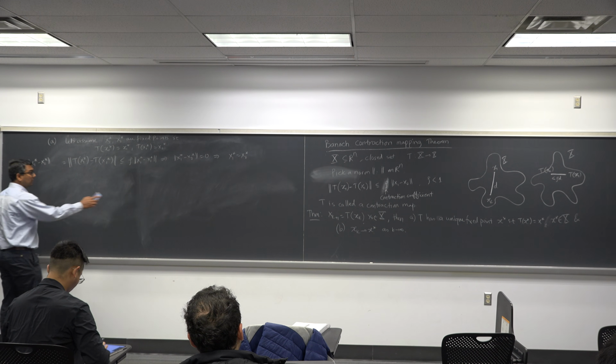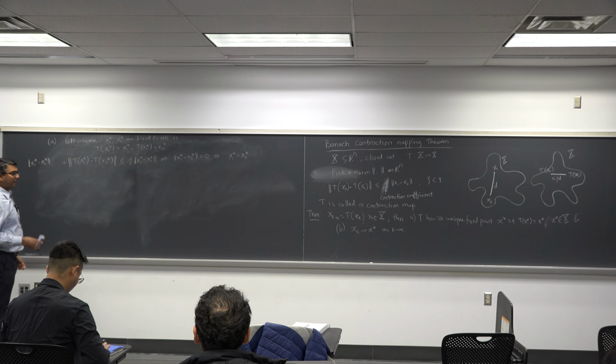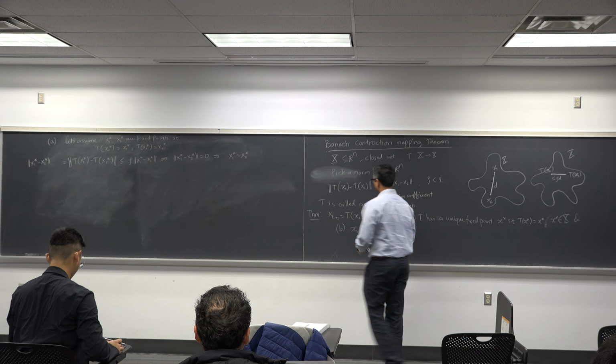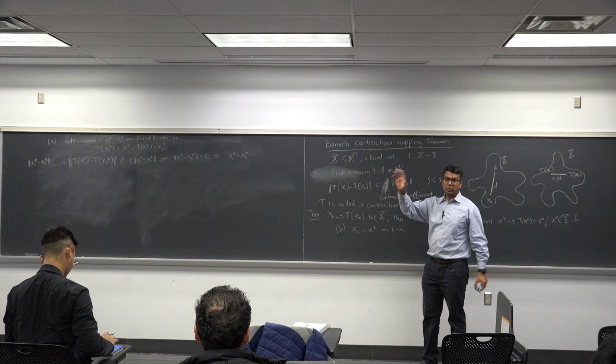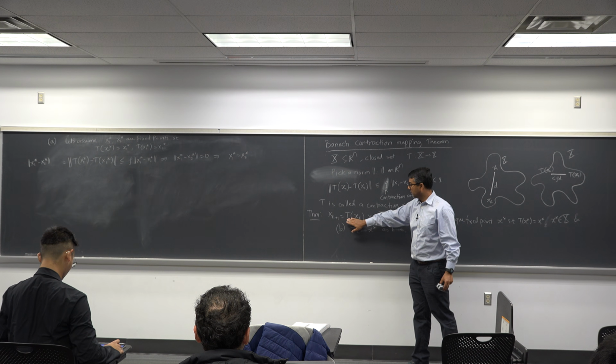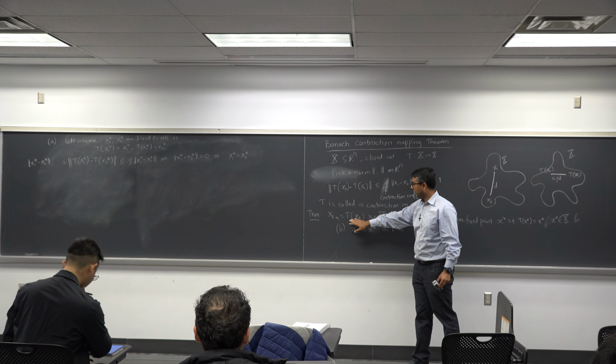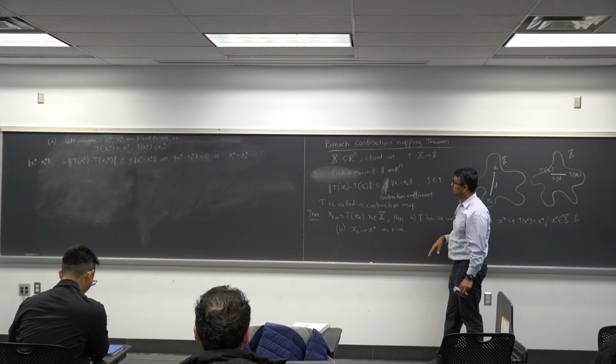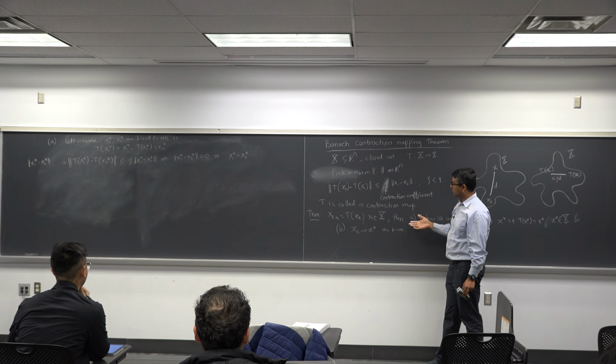Let's look at part B, which is the more interesting one. What this one is saying is, no matter what algorithm you come up with, assuming it's a first order algorithm, so you cannot use Newton's method, you cannot use the contraction mapping theorem with Newton's method, but you can use it with other methods.